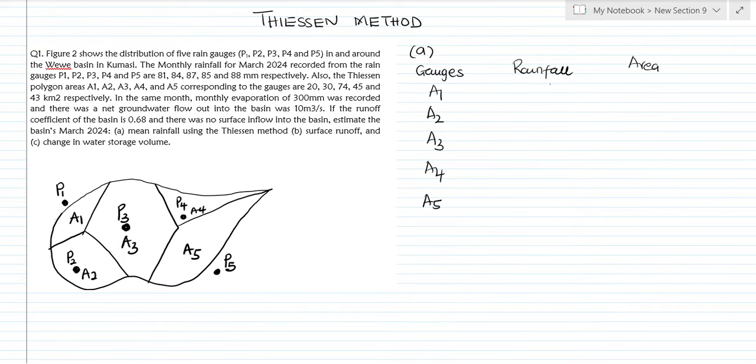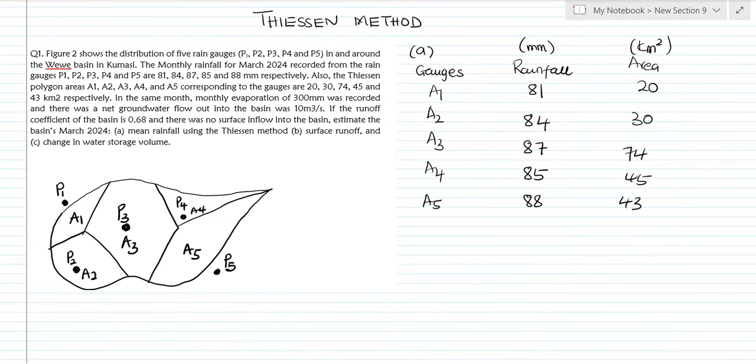The rainfall they recorded were 81, 84, 87, 85, and 88. Areas we have 20, 30, 74, 45, and 43. The rainfall is in millimeters. The area is in kilometers squared, right?